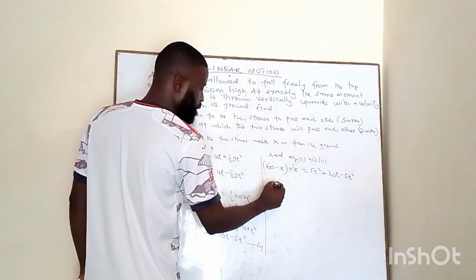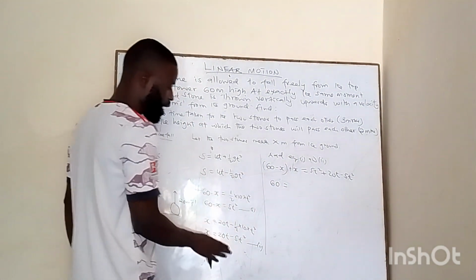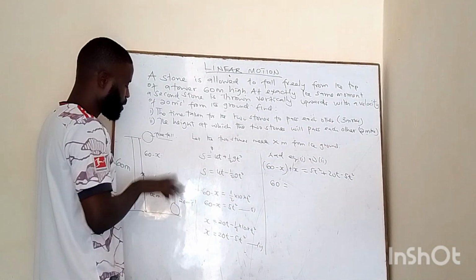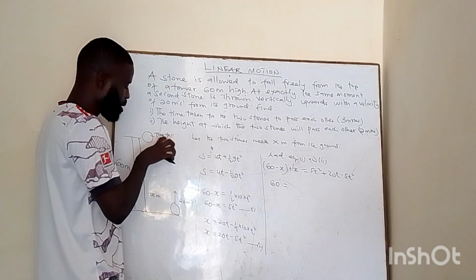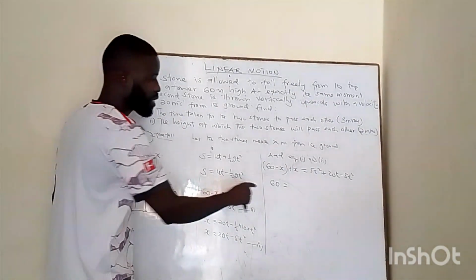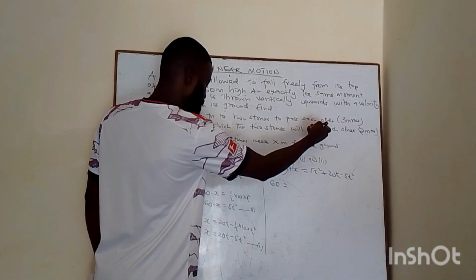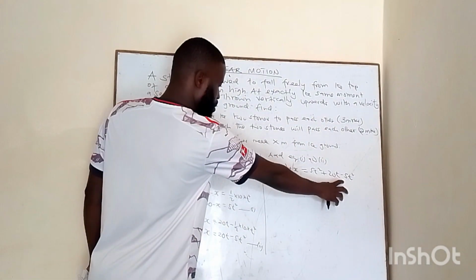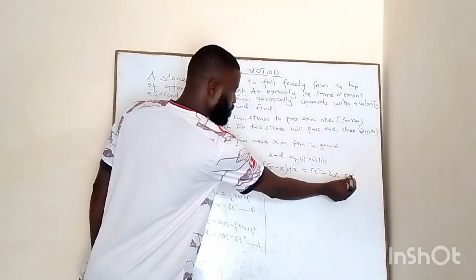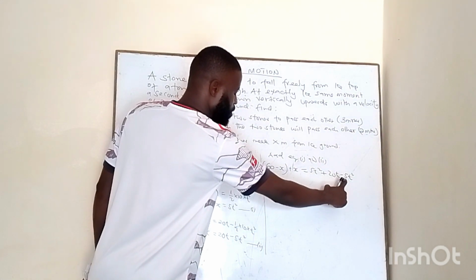It is simply 60, because if I add the displacement of the two stones, the one from the ground and the one from the tower, by the time they are meeting, the sum of their displacement must be 60. This is the displacement for the stone that was vertically projected, and this one was the one that was undergoing free fall. So I'll have 5t squared minus 5t squared. This one will vanish because this is positive 5t squared, and negative 5t squared goes.